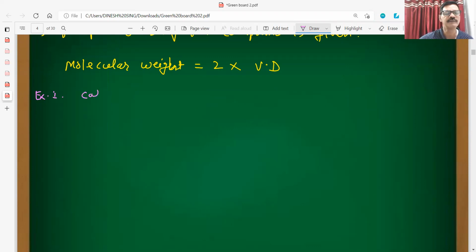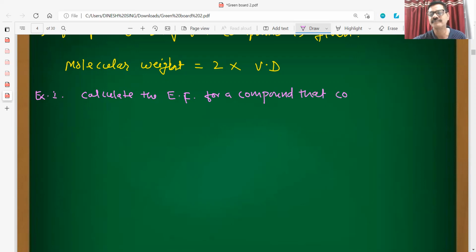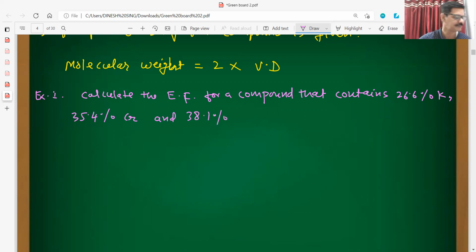Calculate the empirical formula for a compound that contains 26.6% potassium, 35.4% chromium and 38.1% oxygen.